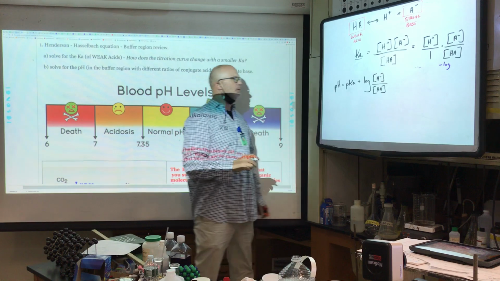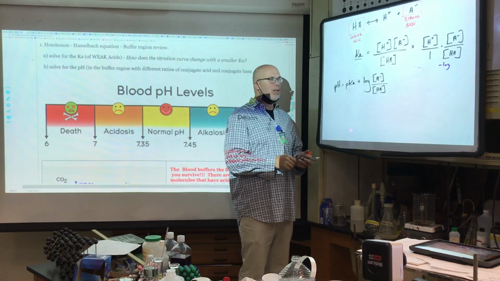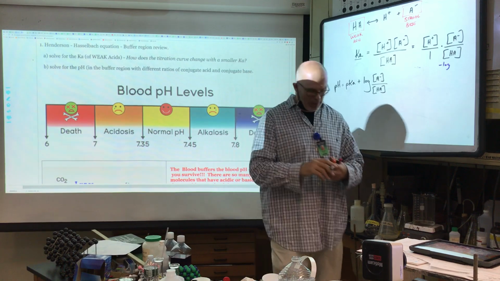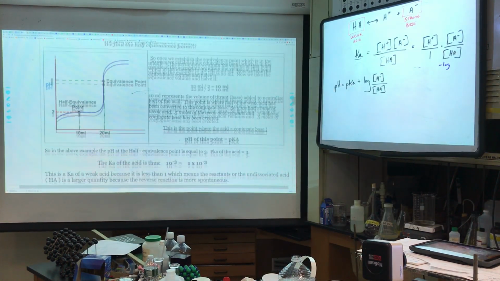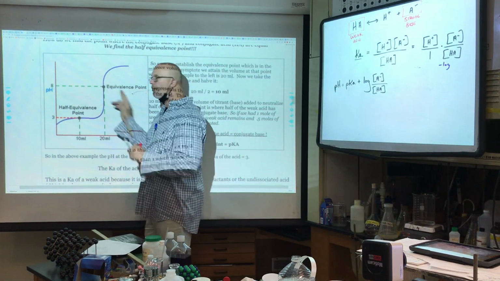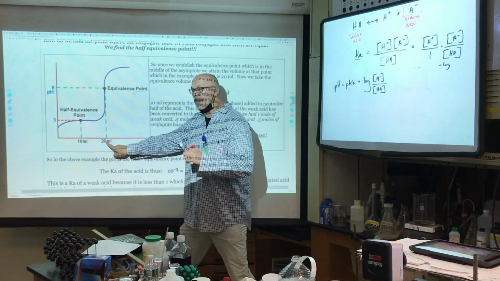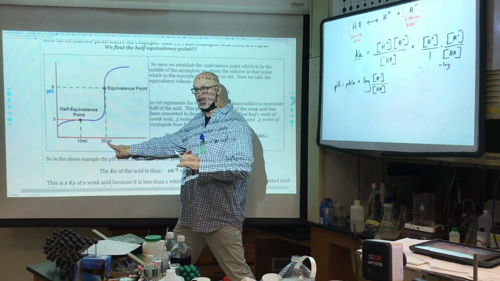All right. And so last night or yesterday, we realized something. If I have a half equivalence point, and let's pull up a titration curve, we know the equivalence point is exactly the volume of, in this case, base, that we need to neutralize some acid.